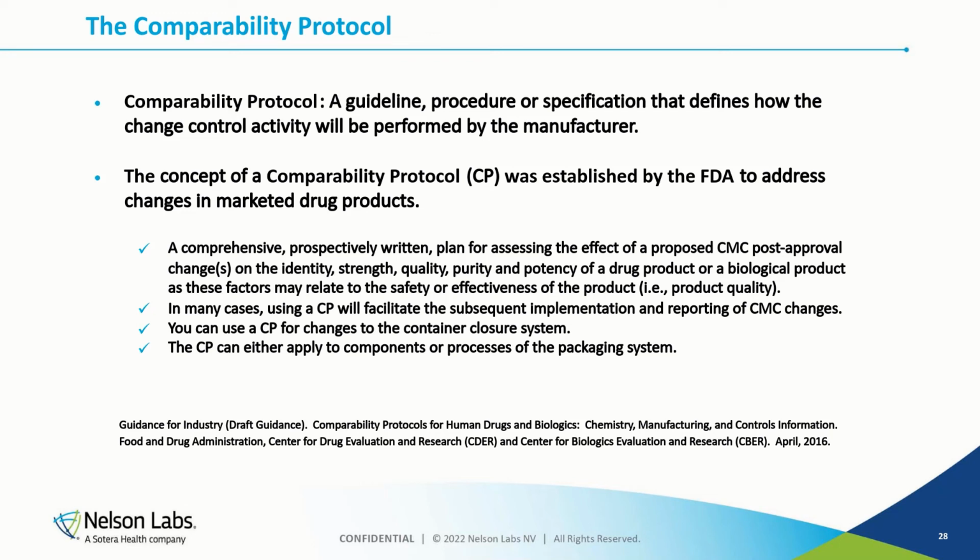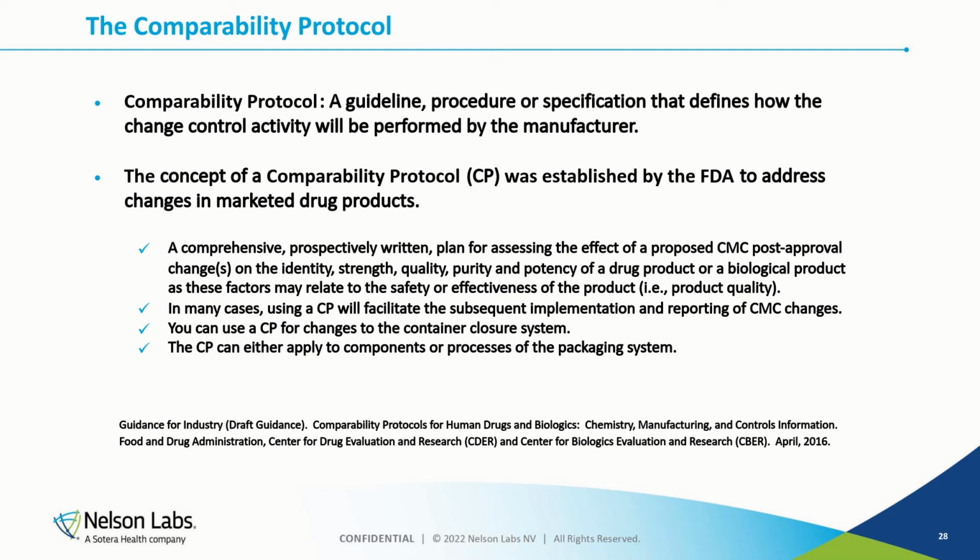The interesting thing is the concept of the comparability protocol was established by the FDA to manage changes in marketed drug products. And what FDA was trying to do was make it easier for industry to manage changes by generating a comparability protocol.